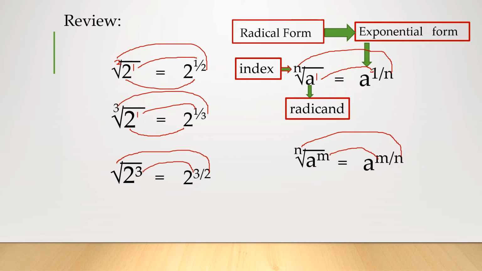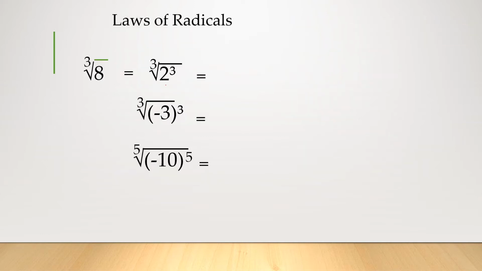Okay, now what we're going to do is derive the different laws of radicals, and we're going to give examples on how to apply these laws. Now, let's start with this one. I have here the cube root of 8. When we say, what is the cube root of 8?